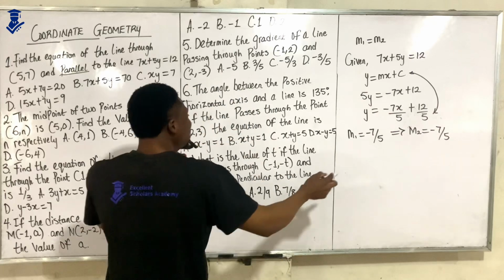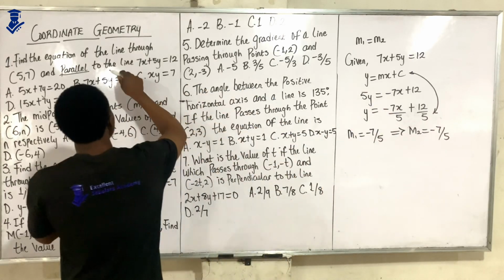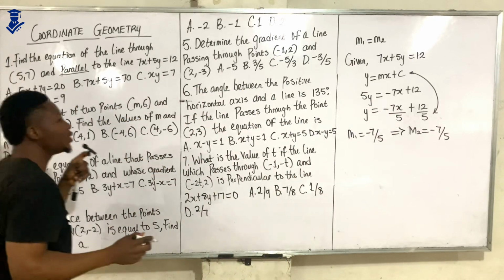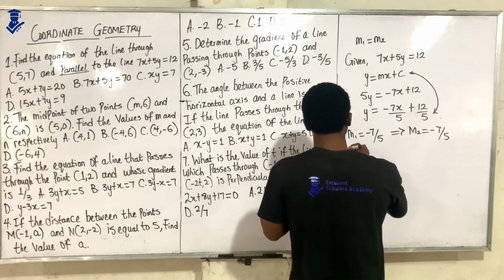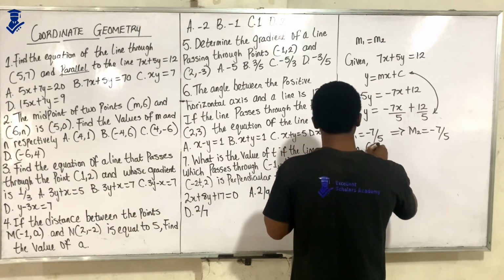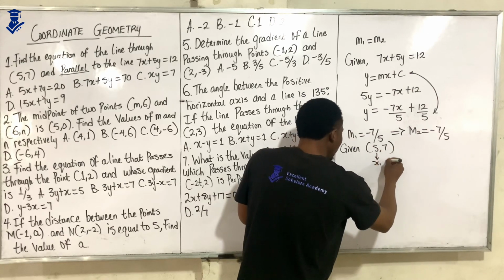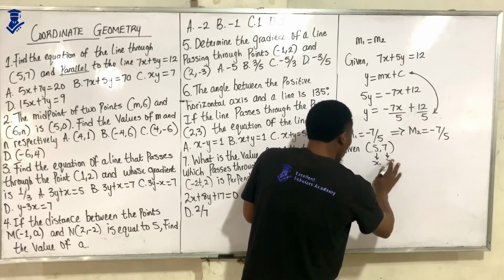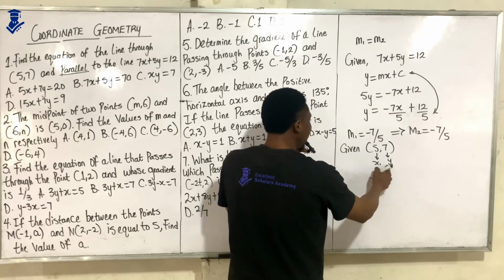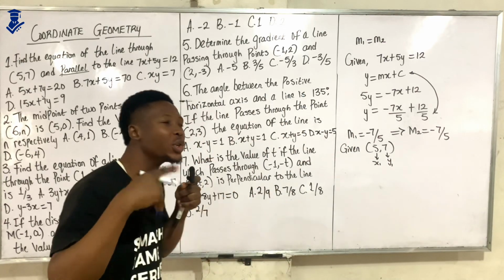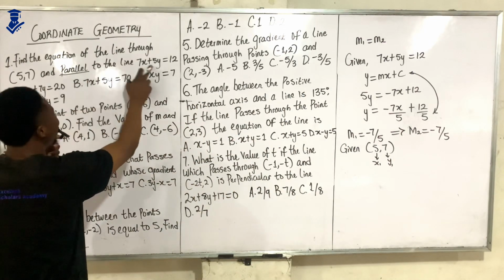Now that we know the gradient from this line, we are also given the point (5,7), and we know that this is our x1 and this is our y1. Now we can find the equation of the line that is passing through this point and parallel to this.